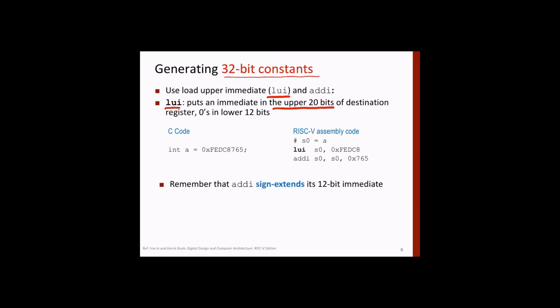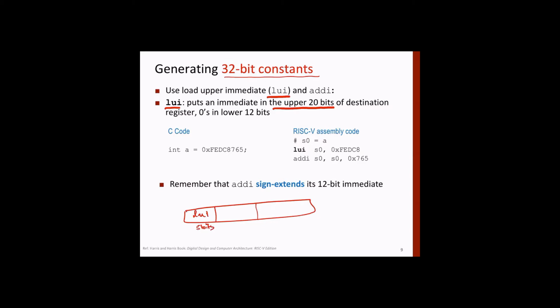So this LUI instruction, if you look at the format, you will have an immediate field which is of 20 bits. So it should be something like this. This is the opcode, and this usually is 5 bits.